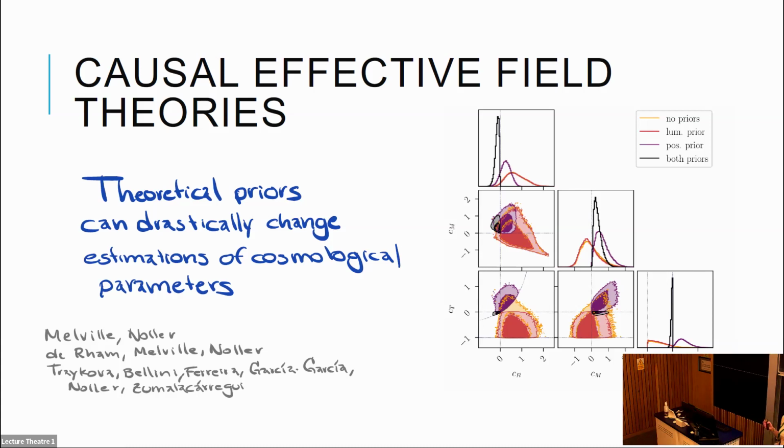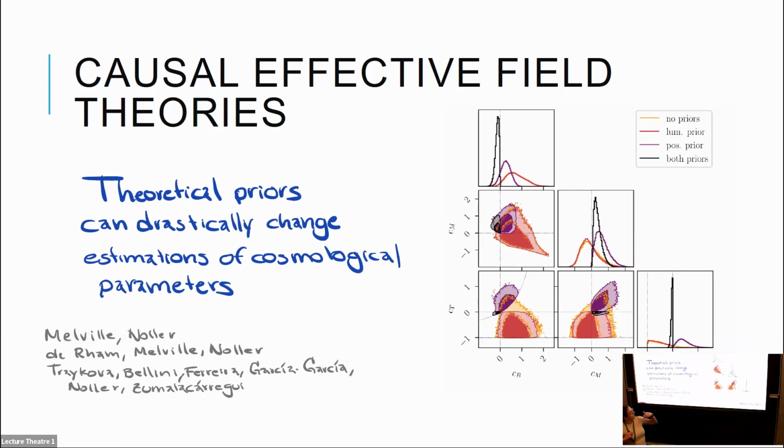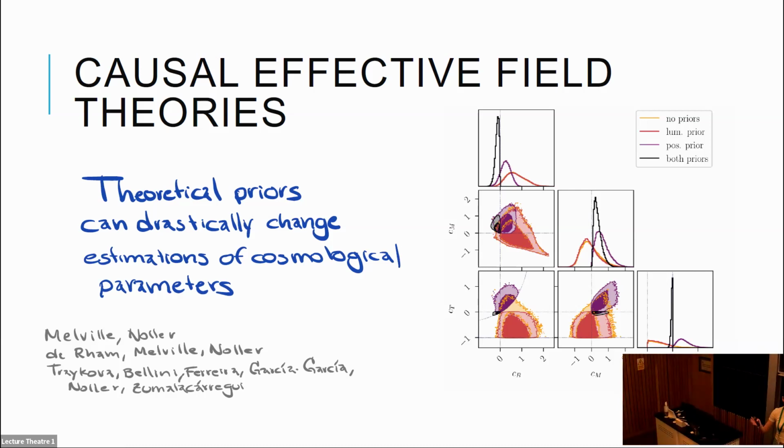So it basically tells you, if you assume certain physical requirements of your effective field theories and put this as a prior when you actually analyze data from experiments, you can find very different results. So it is very important to tell the experimentalists that actually do this data analysis what the correct priors to use for your theories are.